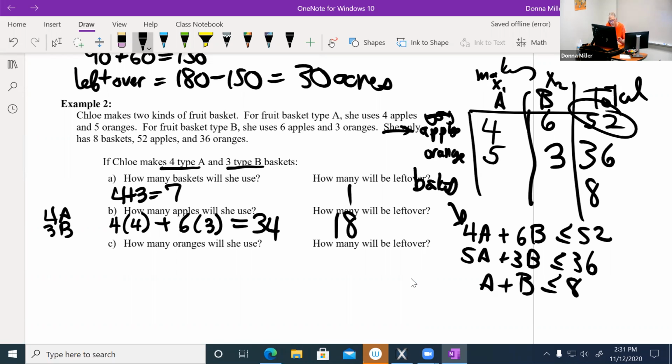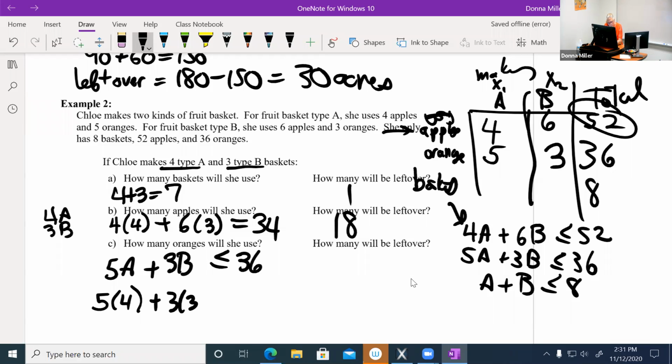All right, how many oranges? So basically the oranges, I use 5 for basket A, and 3 for basket B. And I know that has to be less than or equal to 36. So let's see how many we use. We're doing 4 of A and 3 of B. So let's figure out what that is.